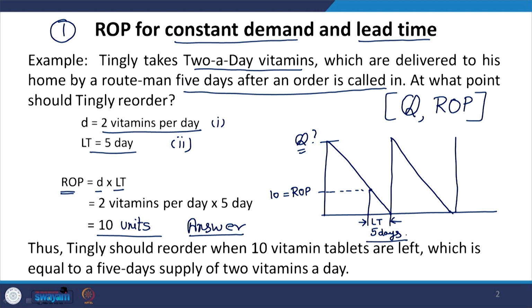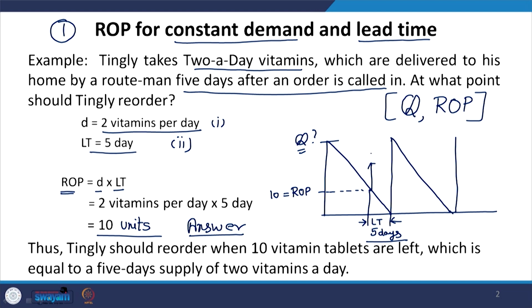So, this becomes the scenario that whenever I have 10 units left in my stock, I will trigger a new order. So, from here a new order is placed.